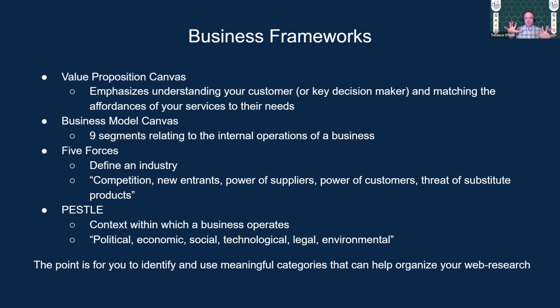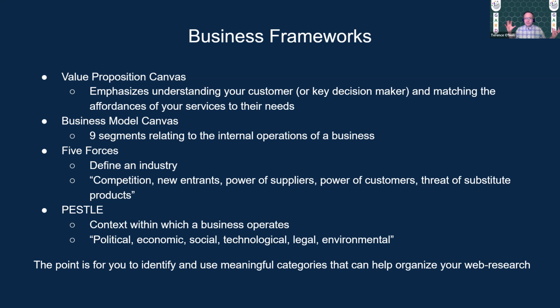So if you're starting to think in that strategic, competitive environment, these might be ways for you to organize your notes around that. And the last one I want to mention is even more external to that. It's the total environment within which you might be operating. And that's PESTLE: political, economic, social, technological, legal, environmental.